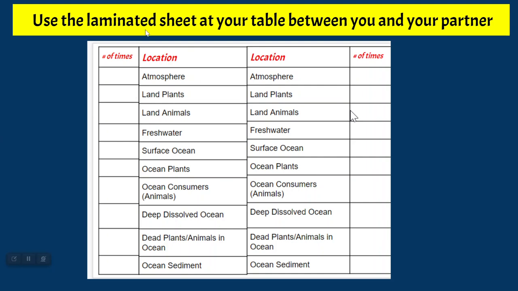So at each table, for some of the classes, I actually had people write down the number of times they ended up in each one of these locations. I wasn't able to do this with all of the classes, but you'll see next class we talk about the data that we got from looking at the numbers of times people went to different places. So if you were a class that was able to do this, I had you also enter this data into a Google form.